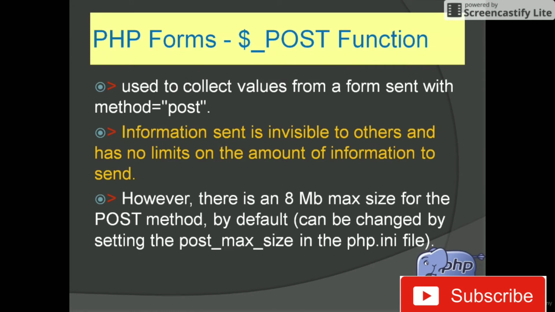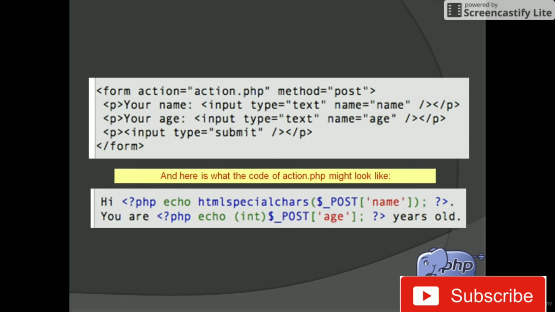So there comes the POST method. In the POST method, we get through these two things. The information is not visible in the URL, and the size of the information transferred via the POST method is up to 8 MB, but we can increase its size with the php.ini file, in the post_max_size variable. The use case is similar to GET, nothing is different.